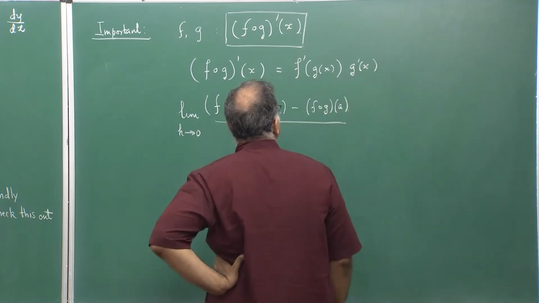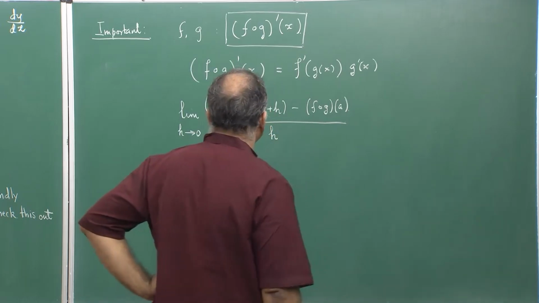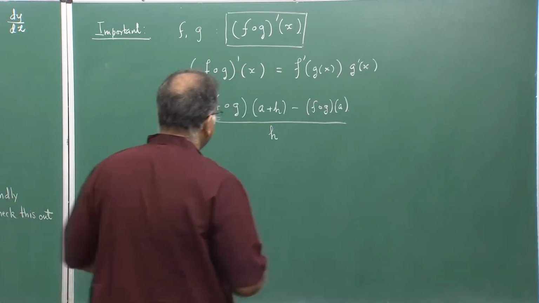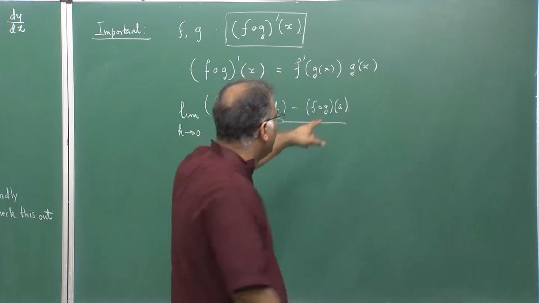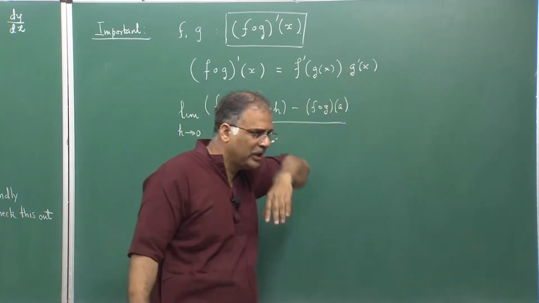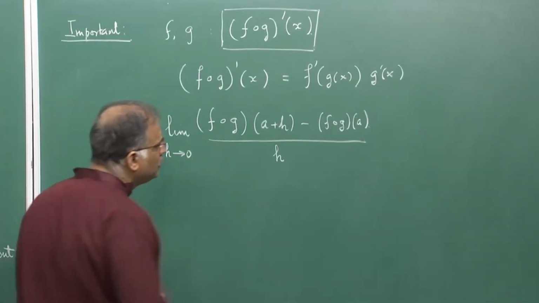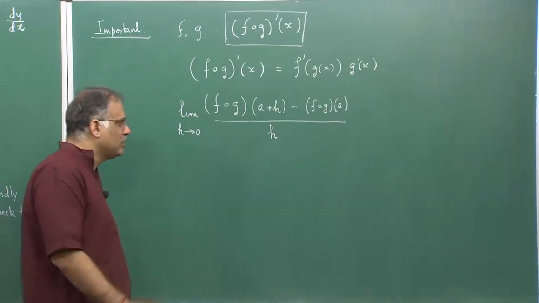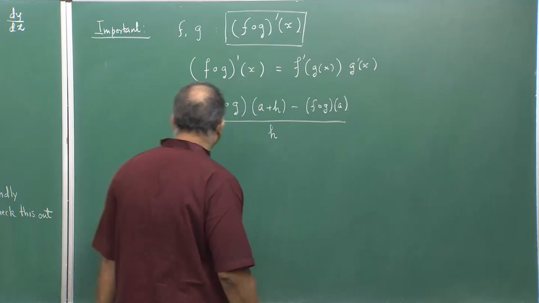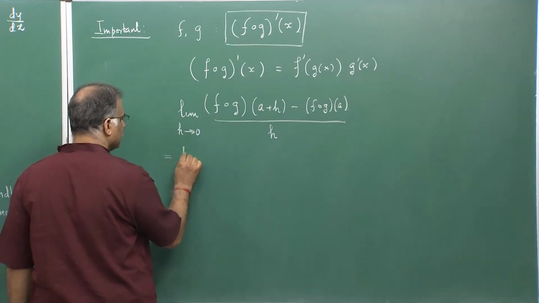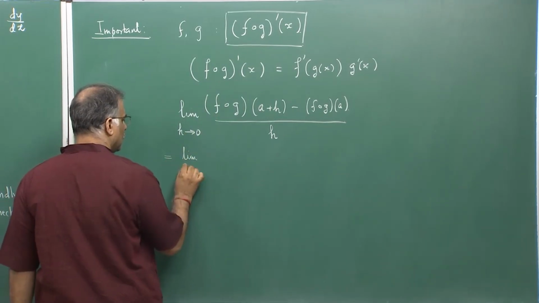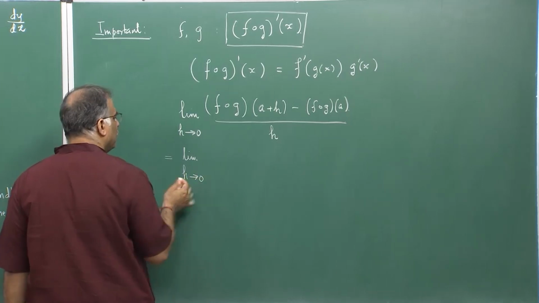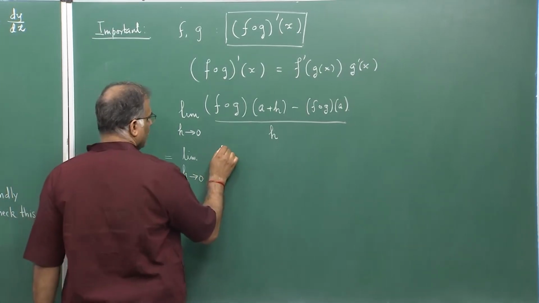So, what do you intend to do? How will you progress to get this g dash x? Let us see that. You think, okay, somehow I have to get this g of a plus h minus g of a, that sort of thing should come in. So, I can write this as, and that is exactly what you will be taught in most places.